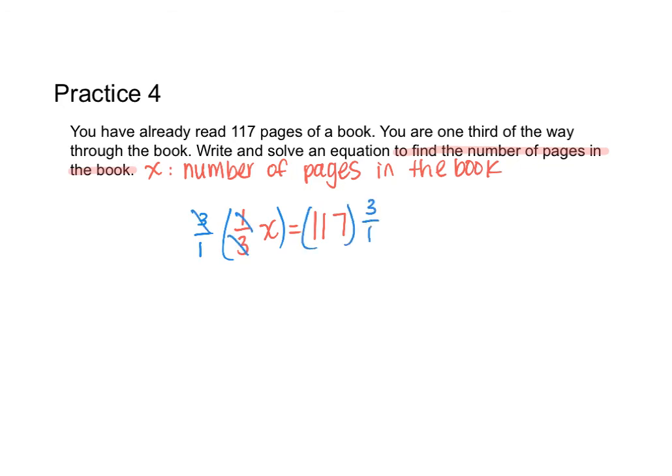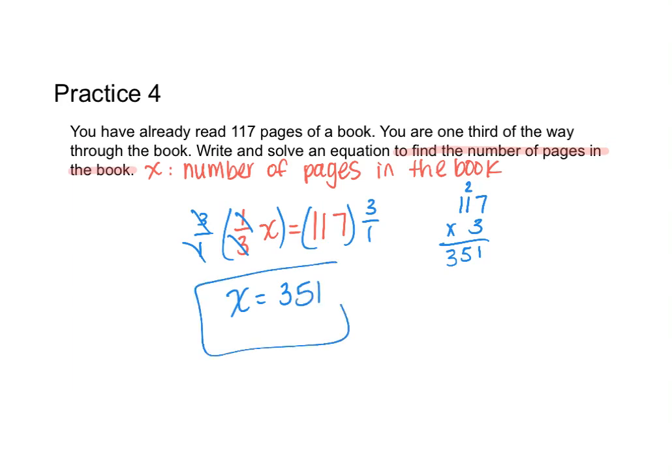These will cancel, so x equals 117 times 3 gives us 300 and, let's just write it out. 3 times 7 is 21, bring up the 2. 3 times 1 is 3. Add 2 to that, you get 5. 3 times 1 is 3, so 351. So it's a 351 page book.